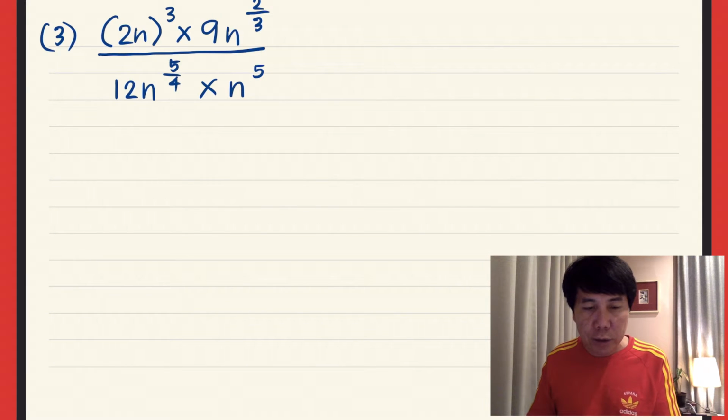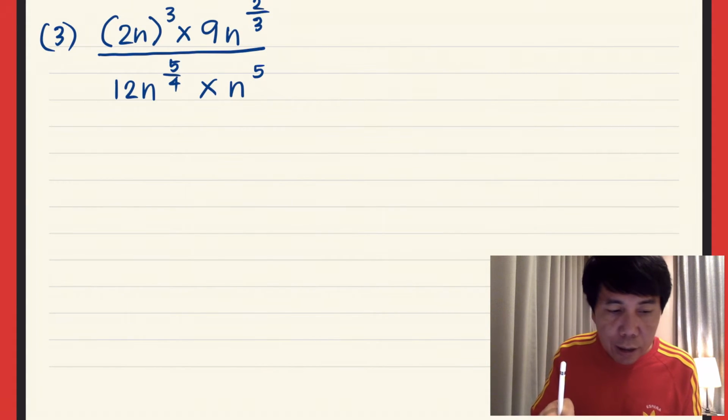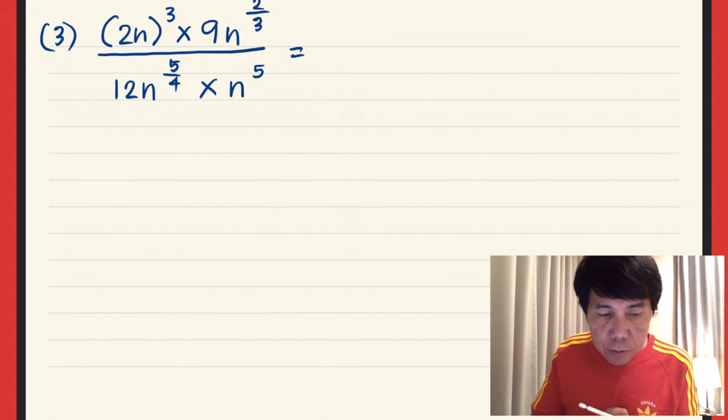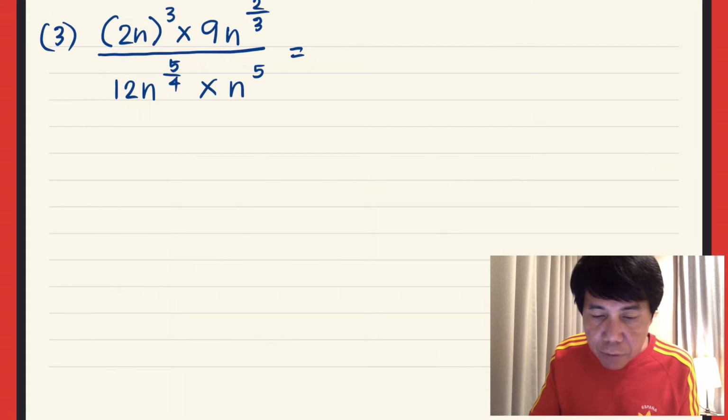So the equation is 2n raised to the power of 3 times 9n raised to the power of 2 over 3, over 12n raised to the power of 5 over 4 times n raised to the power of 5. Okay, so what we have to do here first is 2 raised to the power of 3 means 2 times 2 is 4 times 2 is 8.